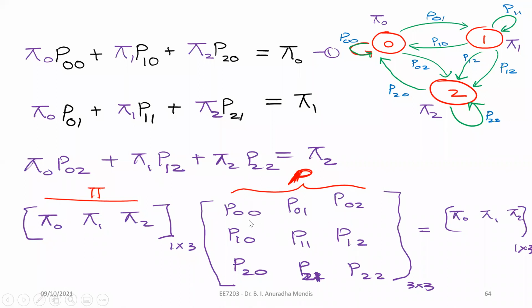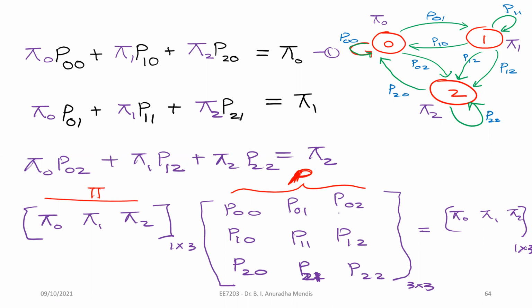Look at these identities. Now this is 0 0, 0 1, 0 2, but don't misunderstand this line, okay? This is matrix multiplication. You know, this line corresponds to first row and first column, and this second equation corresponds to first row and second column, okay?